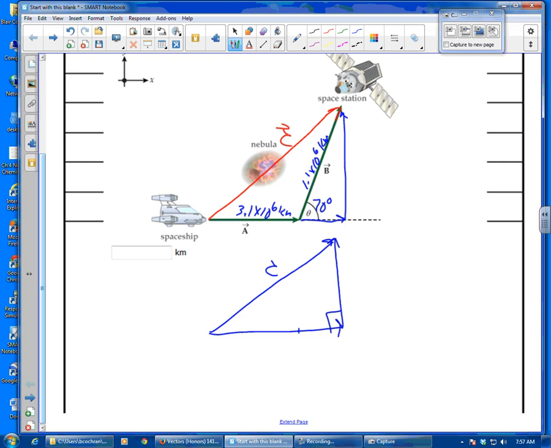And I only have one thing that points in the y direction, so that's going to end up being that. My next step is to find the components of B so that I can combine them with A and get my final vector.